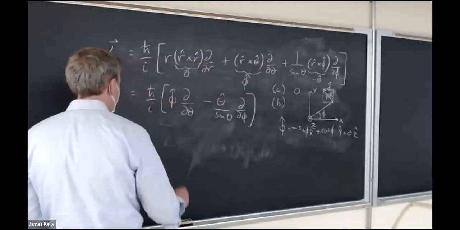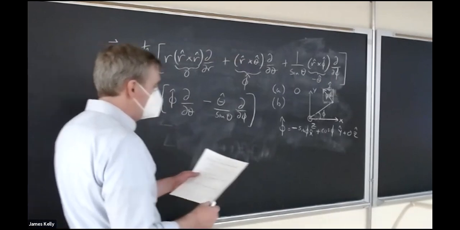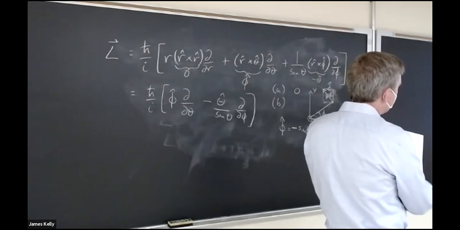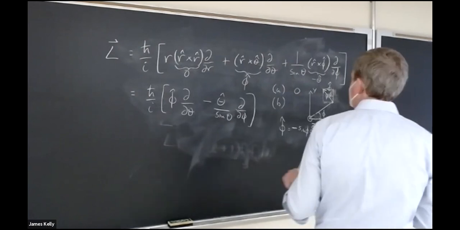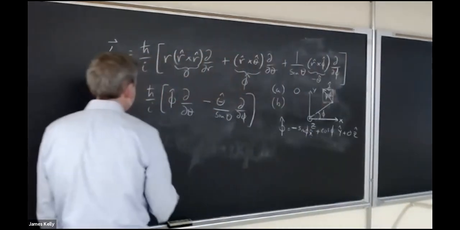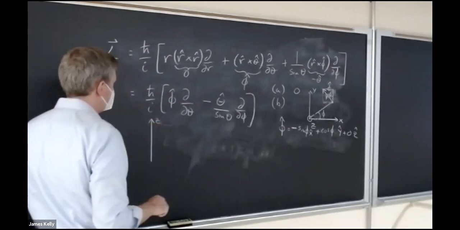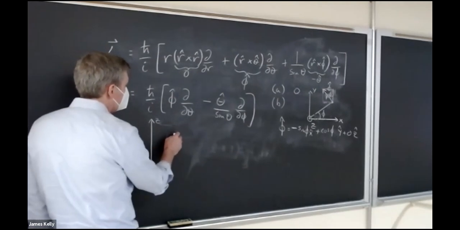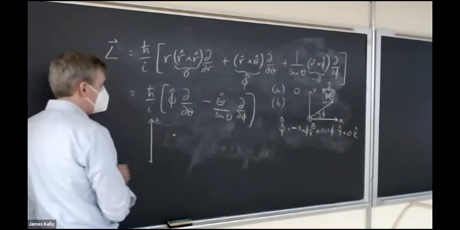Maybe I'll go down here, maybe erase this later. If we draw the plane that contains both the vector that's pointing from the origin to the point P and the z hat direction, in other words, if I draw the plane where z hat is pointing straight up, here's the origin, and I'm going to make that point that we're talking about actually lie in the plane that I'm drawing.